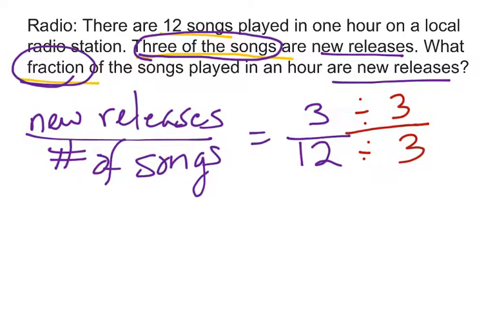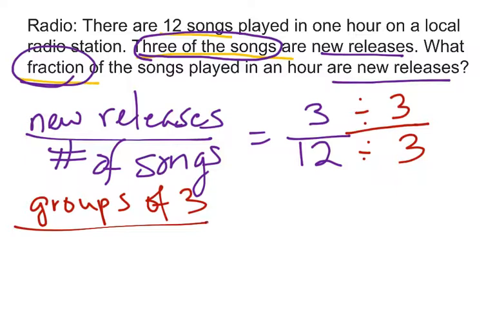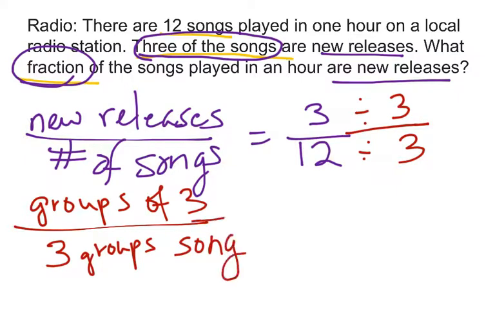So when I look at the groups of 3 over groups of songs, I have one group of 3 in my numerator, and I have 4 groups of 3 as my denominator.